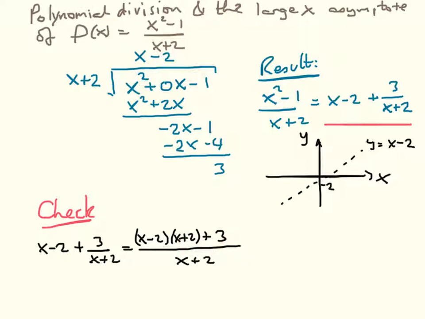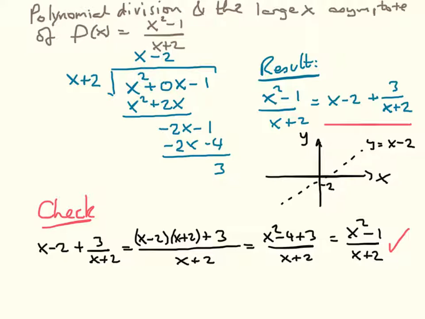So this is x squared minus 4 plus 3 all over x plus 2, and just tidying that up a little bit, we have x squared minus 1 over x plus 2, and that is our original function, so we know that the polynomial division was calculated correctly.